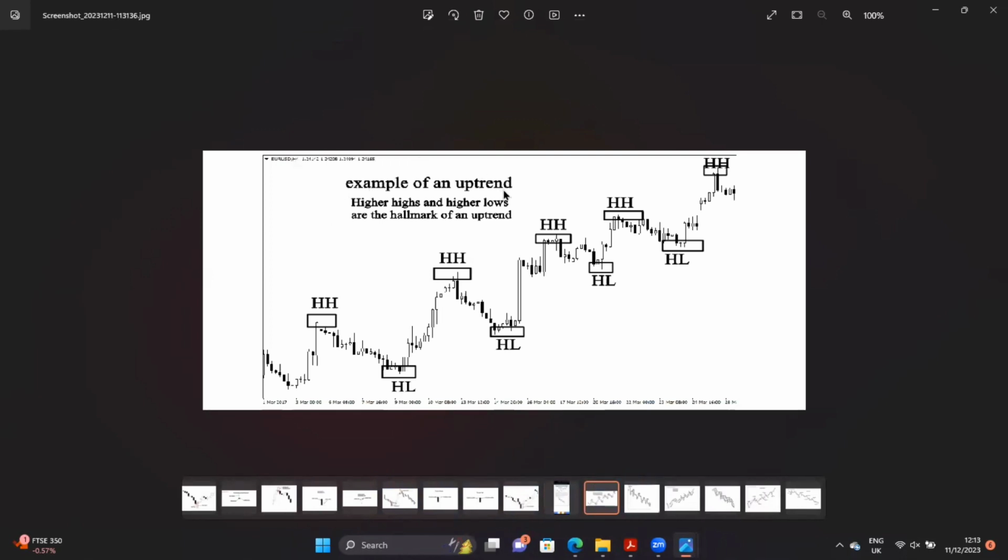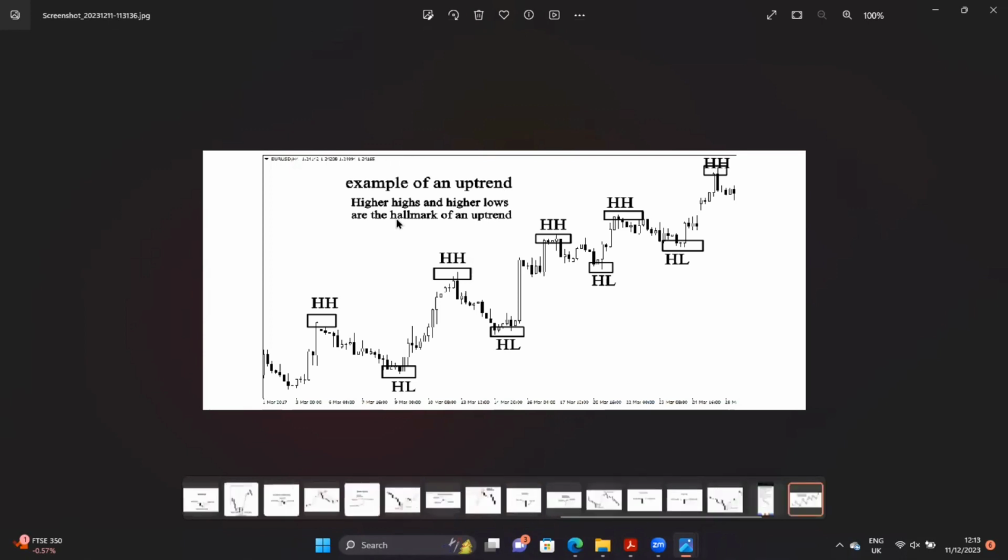for an uptrend. Remember, we're looking at a trend. So when we have a situation in the market where there is a higher low and a higher high, higher low, higher high, the HH represents higher highs, and the HL higher low. It simply tells you this is a trending market. Then you go further towards defining what trend it is. Of course, you know that it is an uptrend.